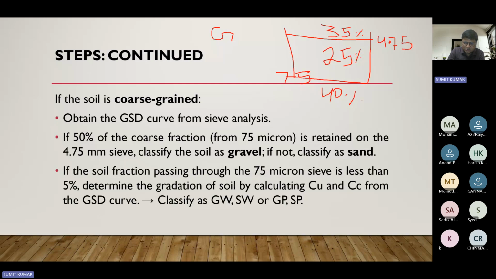From the grain size distribution curve, you can calculate D60 by D10 and D30 square by D60 into D10. You put a line at 30% and calculate D30, you put a line at 60% and calculate D60, you put a line at 10% and calculate D10. So you calculate Cu and Cc, and if Cc is 1 to 3, it is well graded. If Cu is greater than 4 for gravel, it is well graded. If it is greater than 6 for sand, it is well graded. So you can classify it as GW, SW, or GP, SP.